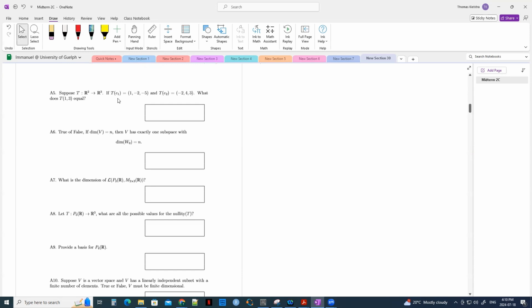Next, we have a linear transformation, and they tell us what T of E1 and T of E2 is.